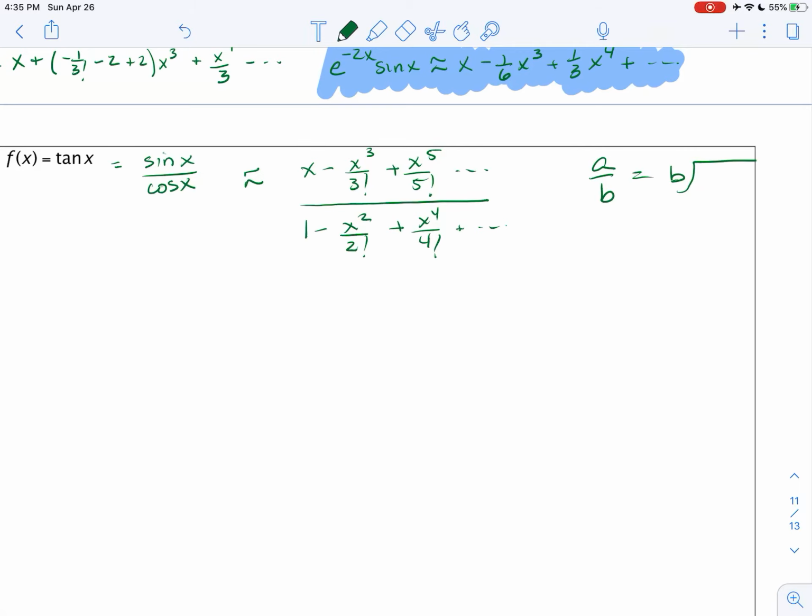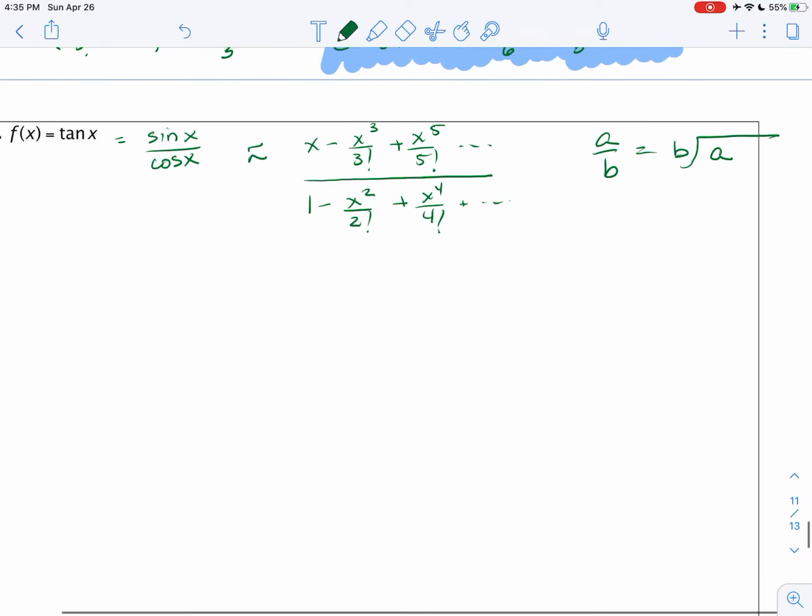And when we have division or fraction division, we do take the b on the outside and put a on the inside of our radical, and so this is involving division of fractions. So that is how you would set this up. And usually when I'm just going to take the first couple terms, I tend to rearrange them into descending powers.